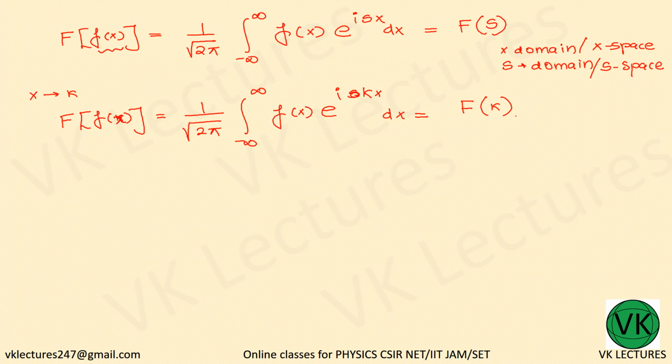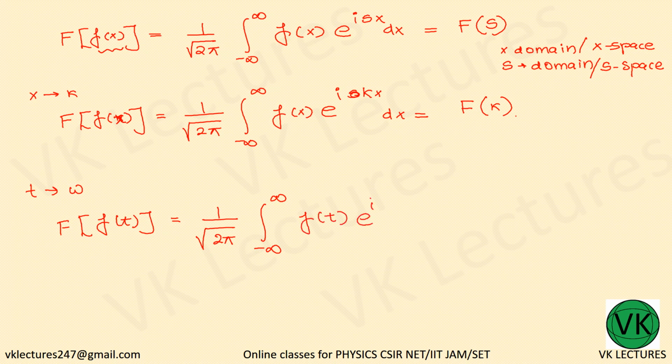Now similarly, if you want to move from t to omega, Fourier transform of f of t equal to 1 by root of 2 pi integral from minus infinity to plus infinity f of t e to the power i omega t dt equal to f of omega.